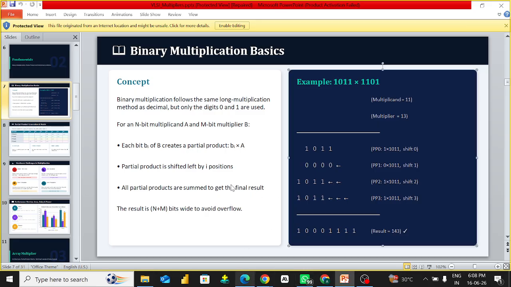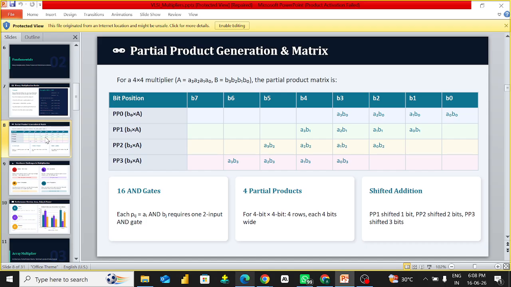So I hope everyone got what is partial product generation and partial product addition. Okay, this is the generation matrix that I explained.